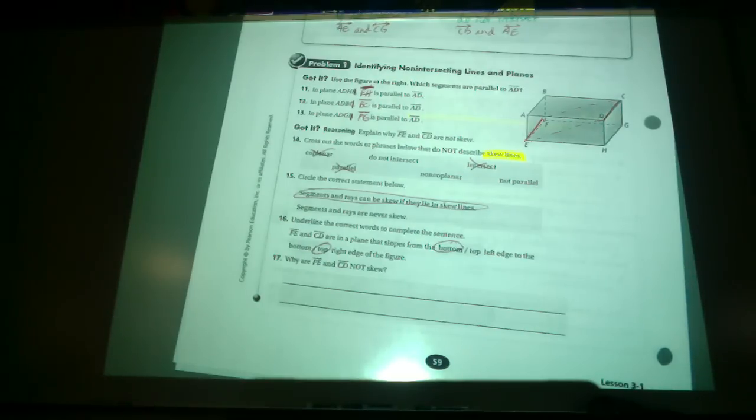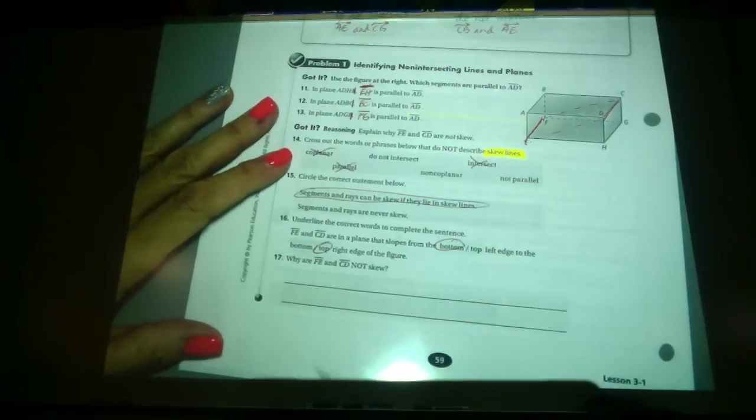Answering the question in the sense of, well, they're not skew lines because they're parallel lines, doesn't necessarily answer the question. So how are we going to answer that question? How did you answer the question? What did I do to prove that they were parallel? They're in the same plane. So you want to mention the things about parallel lines that are important: that they're in the same plane and they do not intersect. So, why are FE and CD not skew?